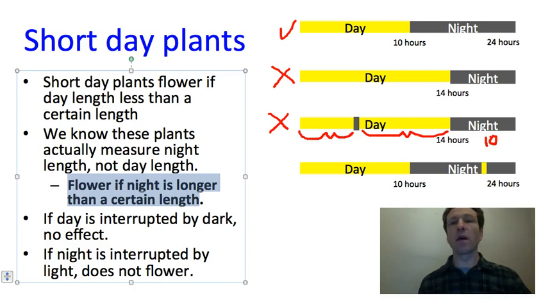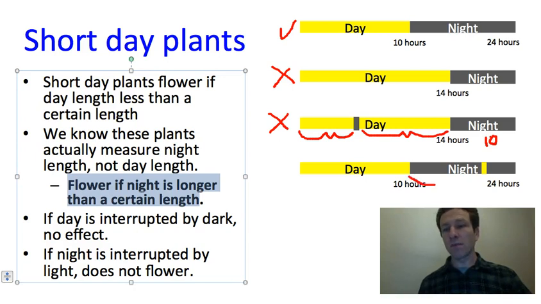Or in an experiment, we would use some artificial light source. So here we see it's getting a short day. It has its 10 hours or less of daytime, and so if it was measuring daytime, this would allow it to flower. But in terms of night, it's not getting 14 hours of unbroken night.